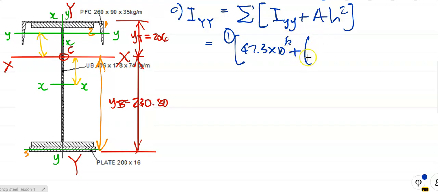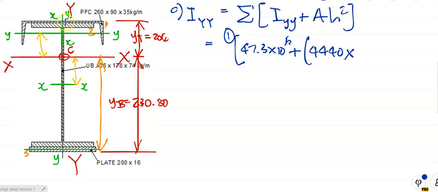What's A? A is the area. What's the area for the channel? It's still the same, by the way. It hasn't changed. Times h. What's h? h is the distance from the centroid of the element to the centroid of the whole cross section. Have you got your thinking caps on? Are you tuning in?